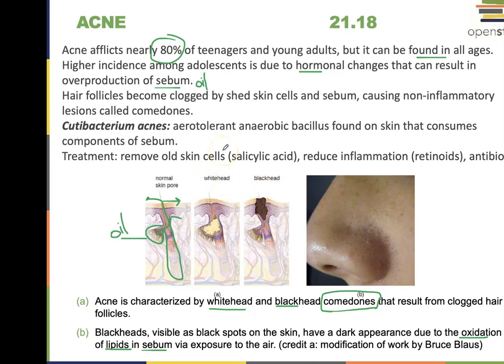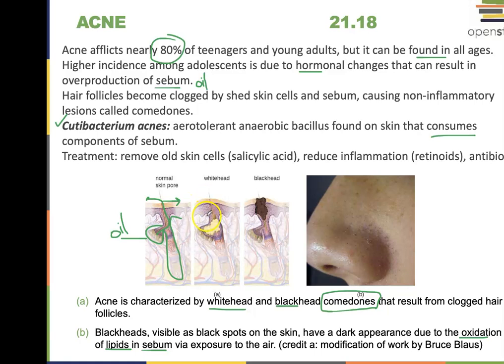The most prominent bacteria that will form acne is this guy, Cutibacterium acnes. That's kind of an easy one to remember because you don't really feel cute when you have acne. And so this is going to consume our sebum and have lots to eat in our hair follicles. How you typically treat acne is with removal of the skin cells.